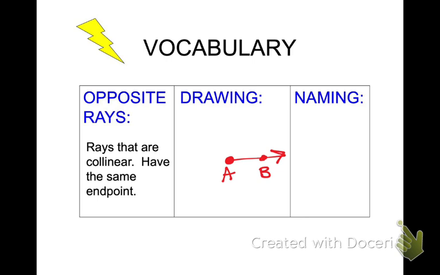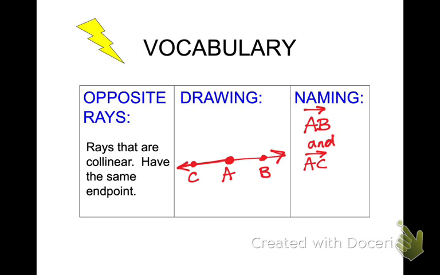And then if I go in the opposite direction to create a straight line, then I would have ray AC. So opposite rays just pretty much make a line. So if I had to name them, I would say that ray AB and, now be careful here, ray AC would be opposite rays.